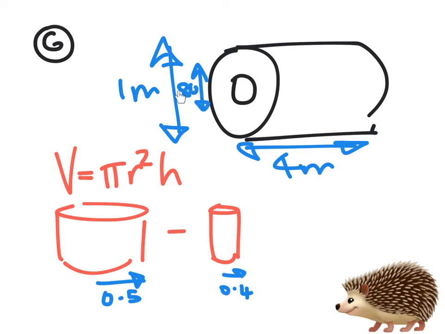And remember, the question says do it in metres, so I've changed it to 0.4 metres. And we also know that the height of the cylinders, because I'm now standing them up, is 4 metres. So if I plug all of these numbers into the formula for the first one, repeat the whole process for the second one, do a big takeaway sum, and we'll get our answer.